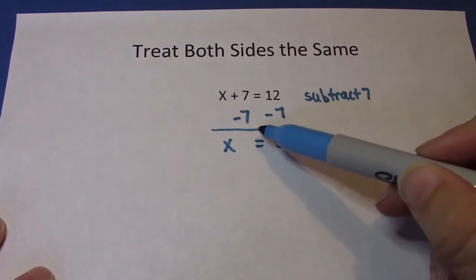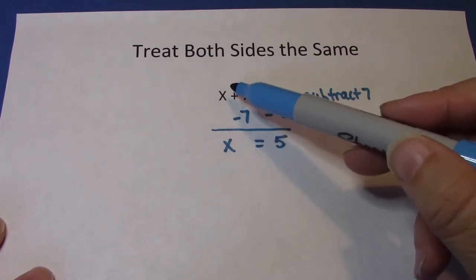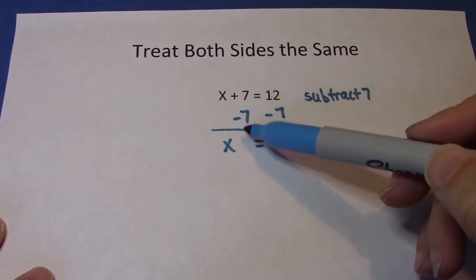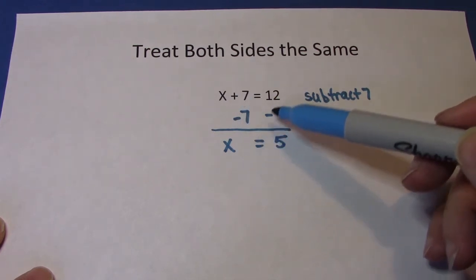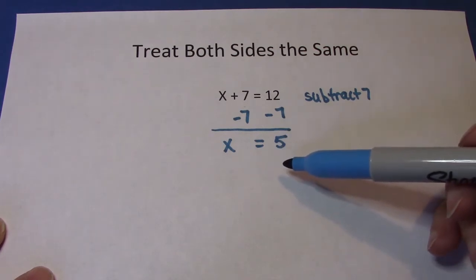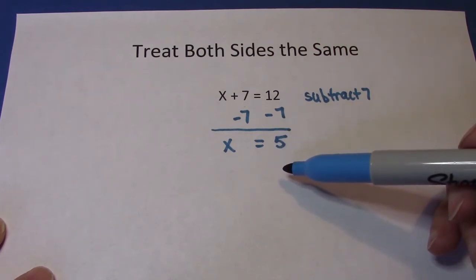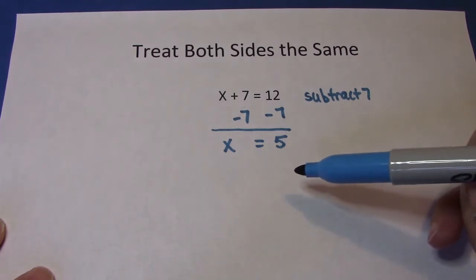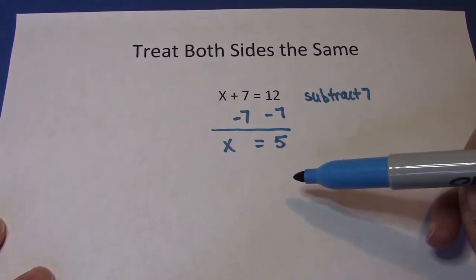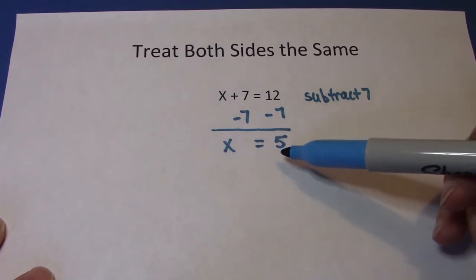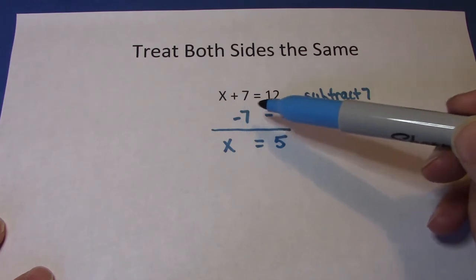So on both sides we've subtracted 7, and I'm lining this up very carefully. x plus 7 minus 7 leaves just x, and 12 minus 7 equals 5. So the solution to this problem is that x equals 5. We can confirm this is right because indeed if you take 5 and add 7, you get 12.